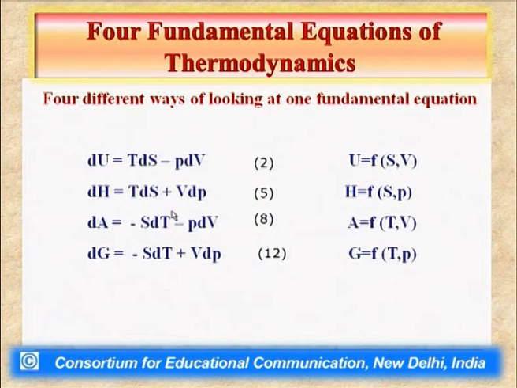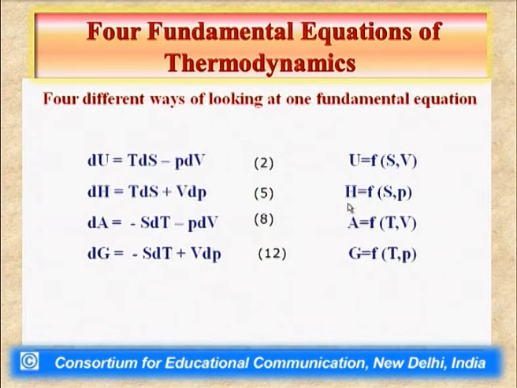These equations suggest that internal energy is a function of entropy and volume. And enthalpy, what about enthalpy? Since enthalpy is related to change in entropy and pressure, enthalpy can be considered a function of entropy and pressure.